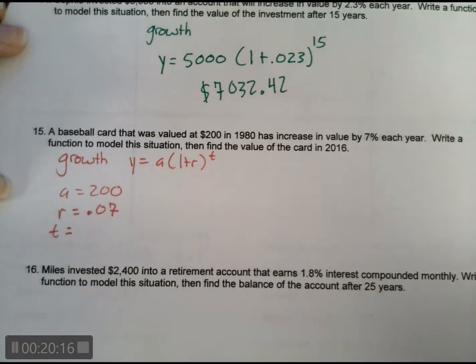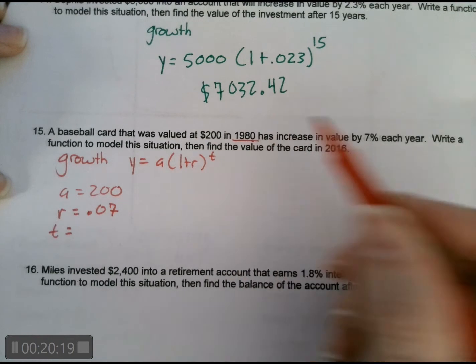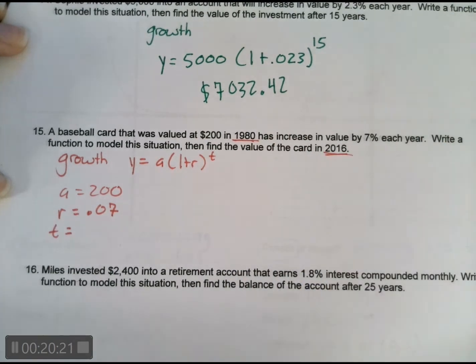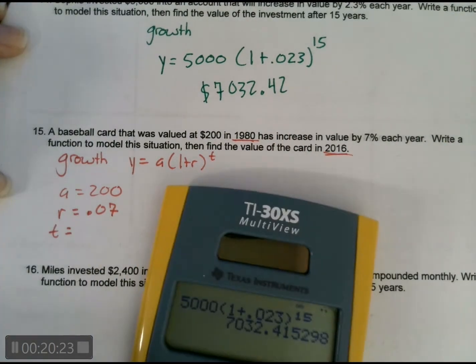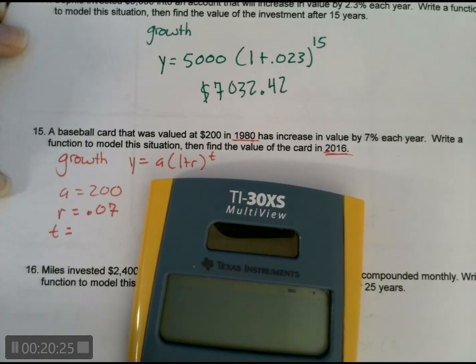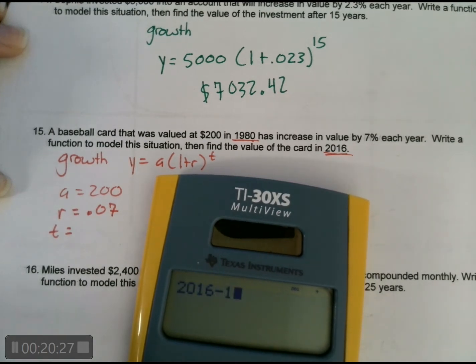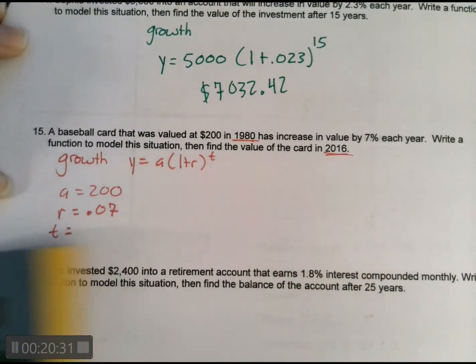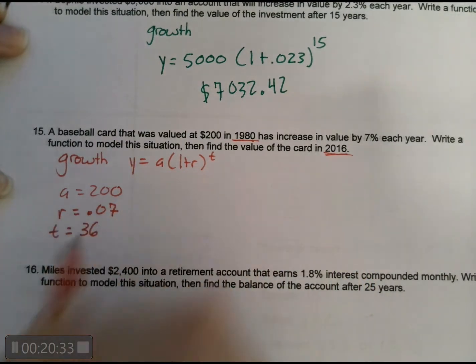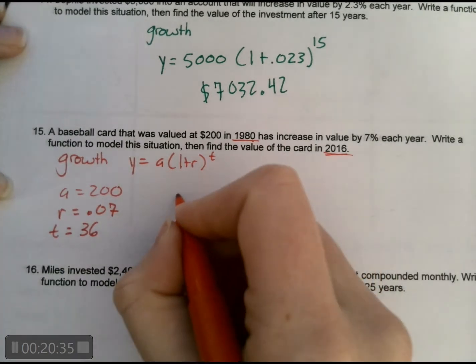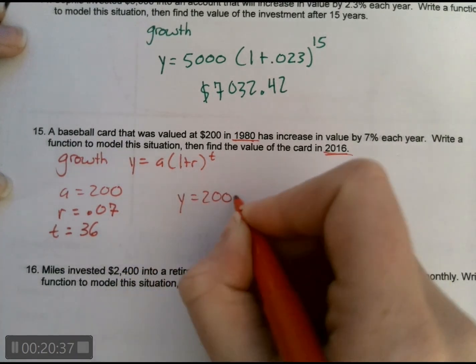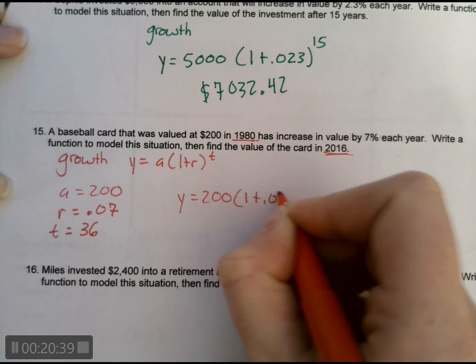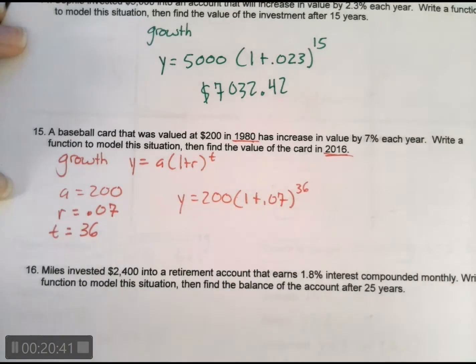And our t, well, it started in 1980, and we want to know the value in 2016. So we are going to do 2016 minus 1980. And that's going to give us 36. So that's going to be our time. So then we're just going to substitute all of this information in.